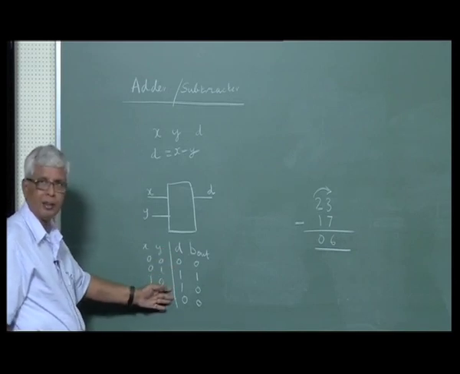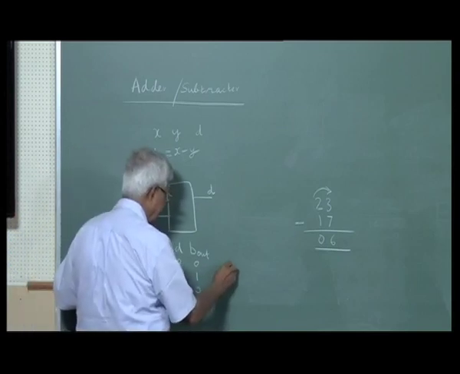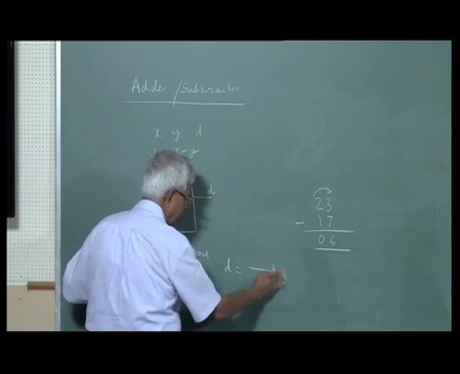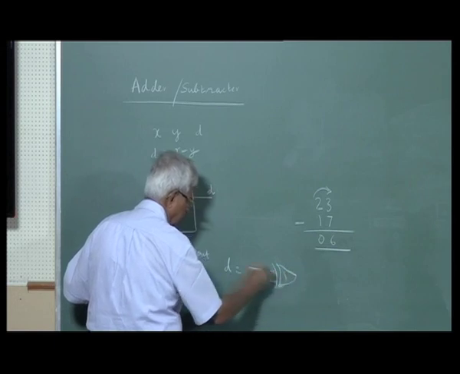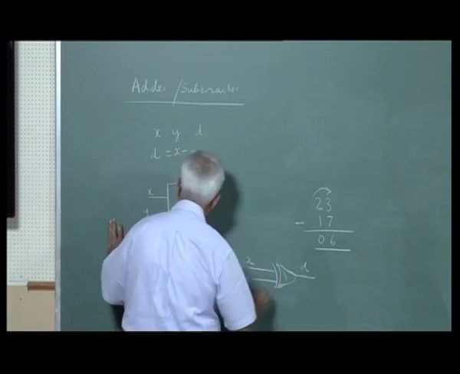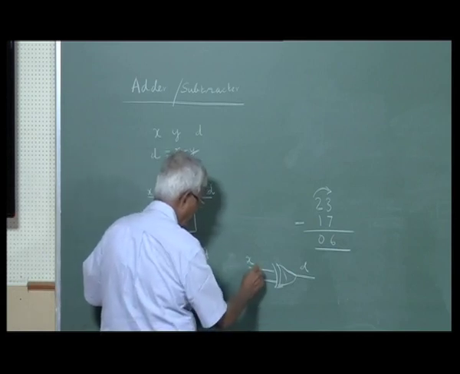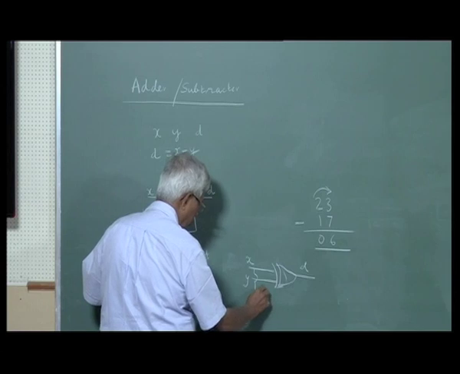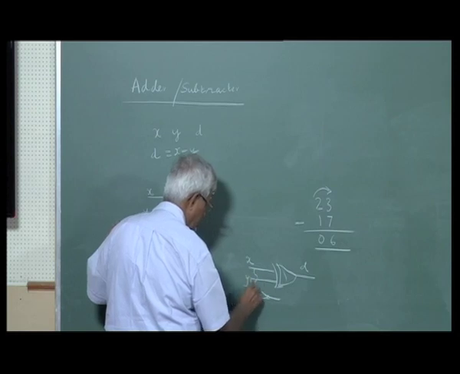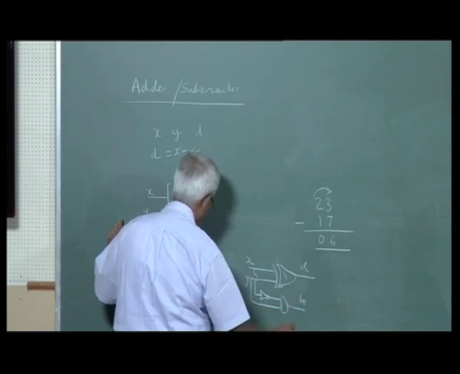Looks like the same as a full adder, half adder. So adder or subtractor, the D is x exclusive or y. But borrow is x bar y, B out.